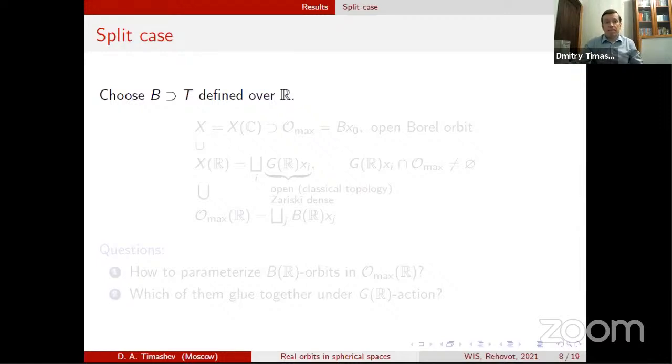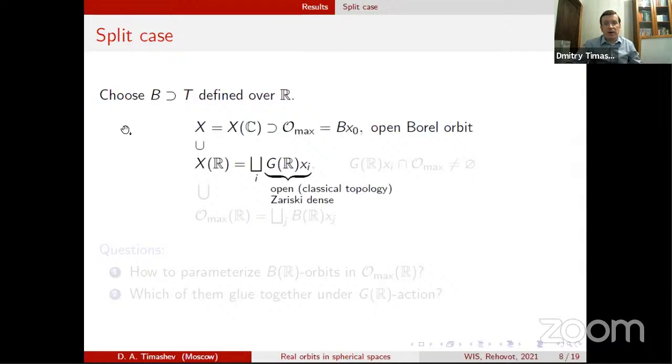So let me first choose a Borel subgroup defined over real numbers and a split maximal torus in this Borel subgroup, denoted by B and T respectively. Now if I consider my homogeneous space X, which I will identify freely with the set of its complex points, this I can do because of Hilbert's Nullstellensatz, I denote by O max the open Borel orbit in this space.